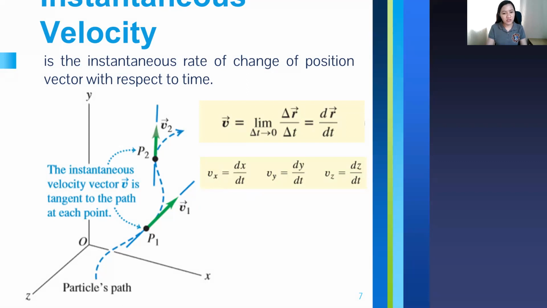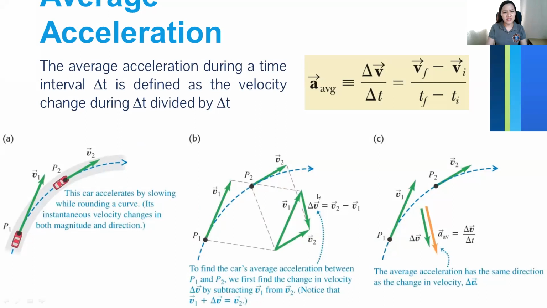For an XYZ plane, it has an x component, a y component, and a z component. Same with instantaneous velocity. The average acceleration during a time interval delta t is defined as the velocity change during delta t divided by delta t, the same as we have discussed.